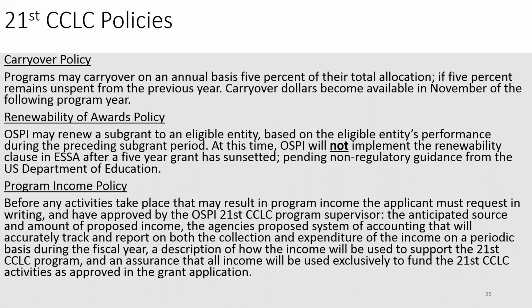There's a lot of rules around this program income, and so we're not saying that it cannot be done. We're just saying that we all want to do it safely and in a way that it's allowed.